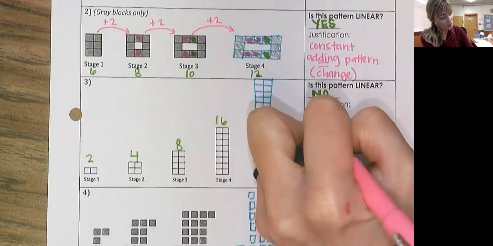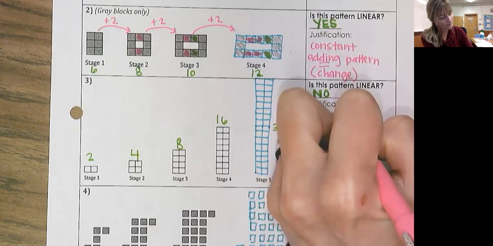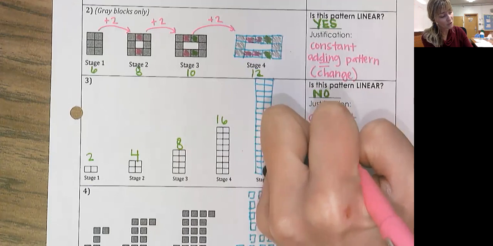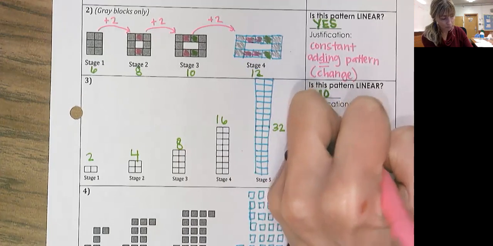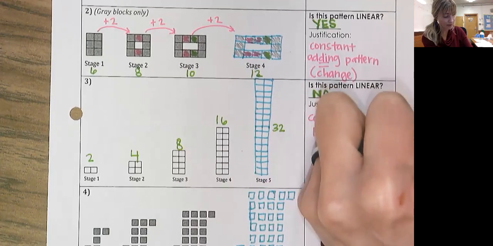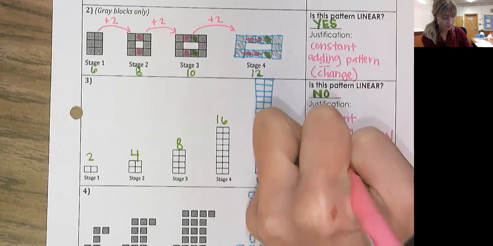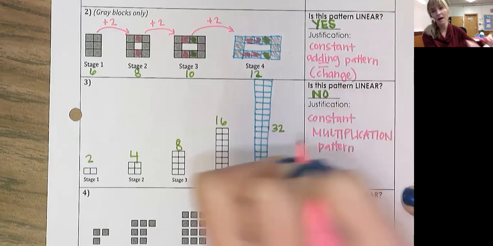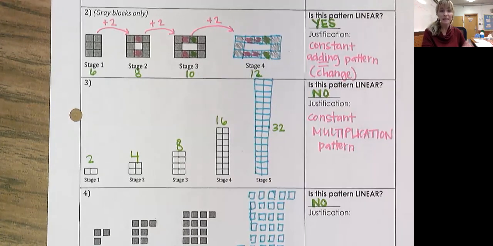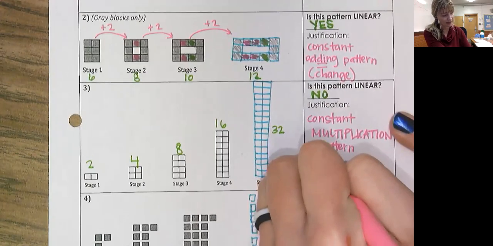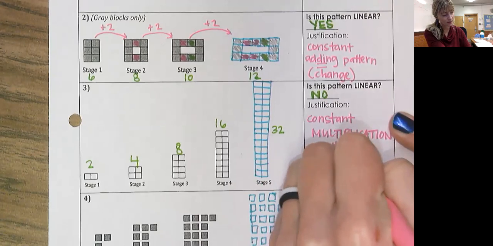This has a constant multiplication pattern, which, yeah, that's absolutely a pattern, and it's an important one. It's something you'll learn a lot about how to work with next year. But linear is supposed to be addition. So we're going to clarify that. It's not addition.